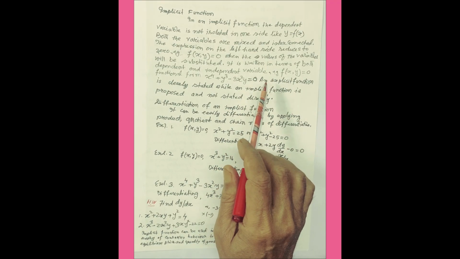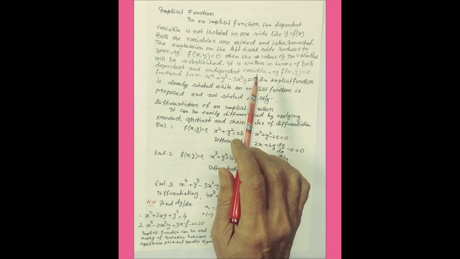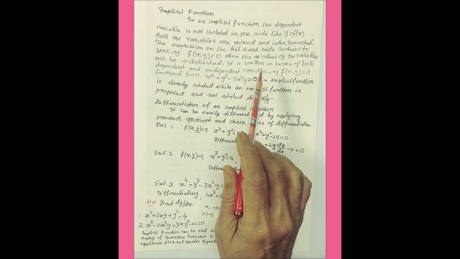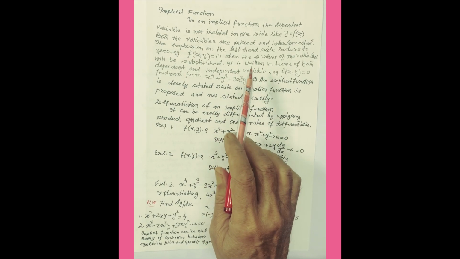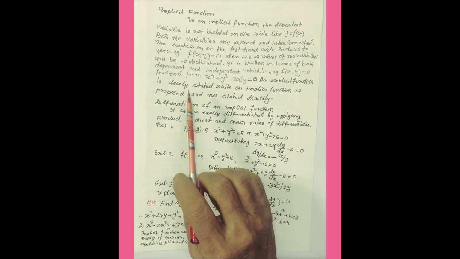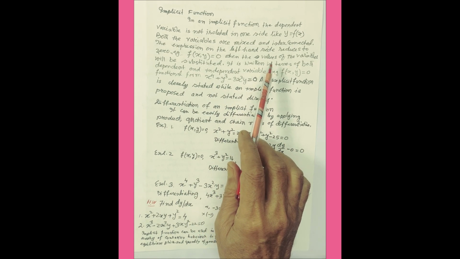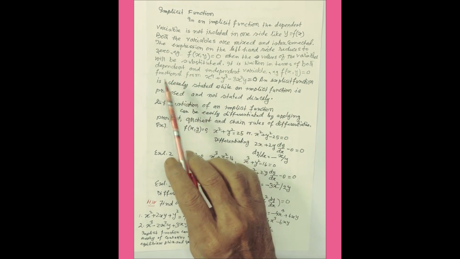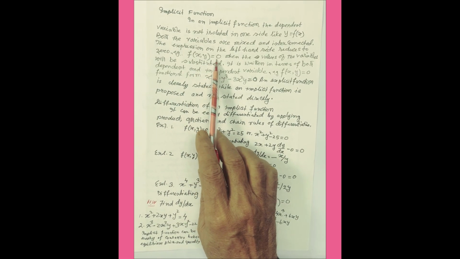Even the dependent variable has some impact on the independent variable, so they are interconnected. The expression on the left hand side reduces to 0. For example, the function f(x, y) is equal to 0.